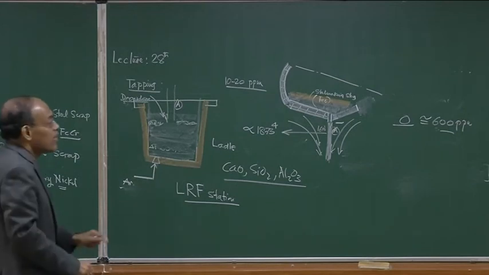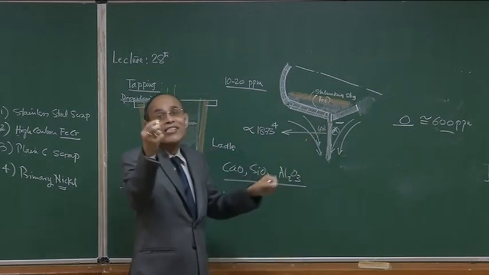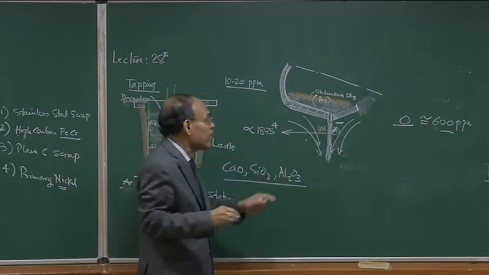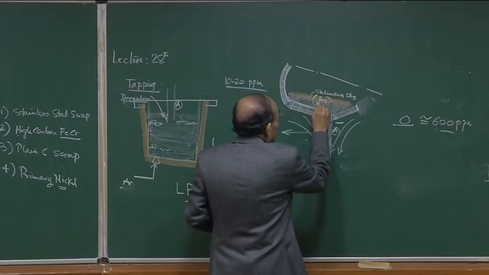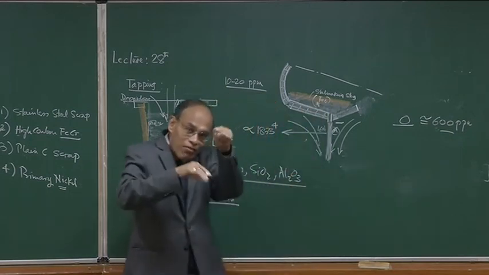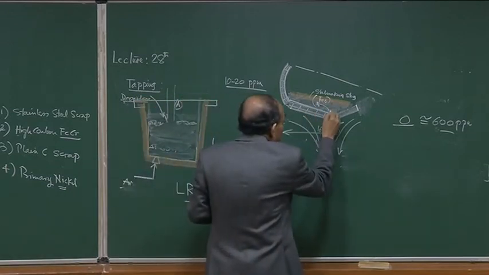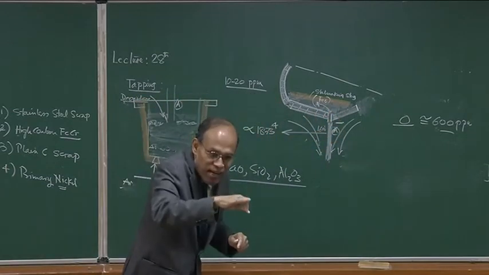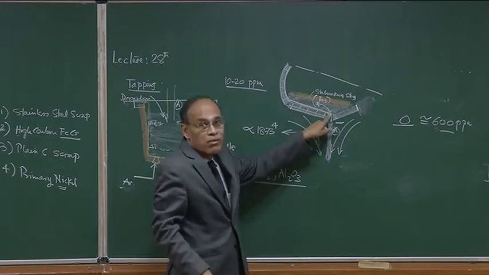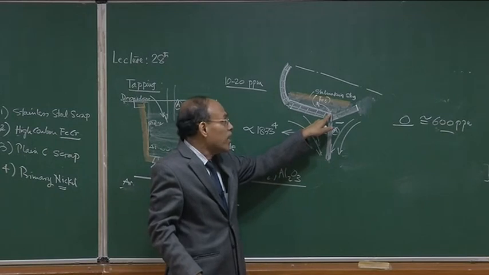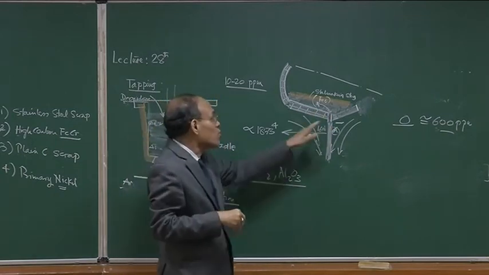So, there are slag detection systems which are available to us today. They give us a signal the moment slag comes. There are darts, for example, materials which float at the slag metal interface, because they have density close to the slag metal interface, and they tend to move towards the nozzle, and the moment the slag layer level approaches the nozzle discharge plane, this dart sits on and closes the hole itself.